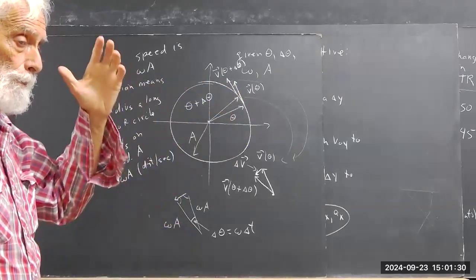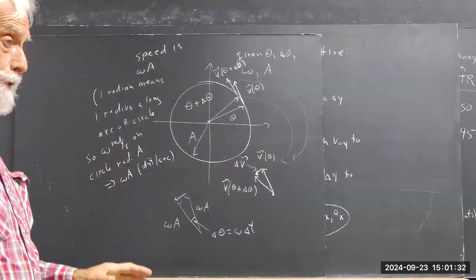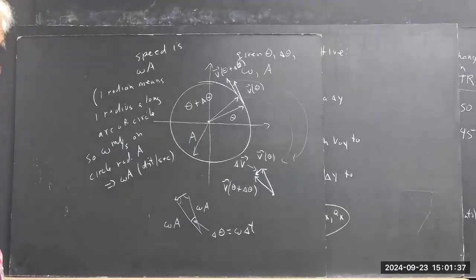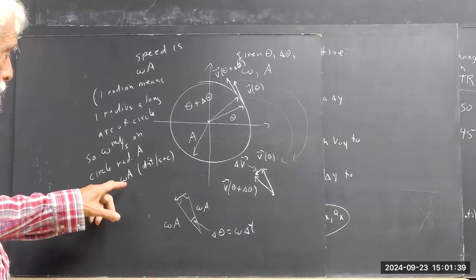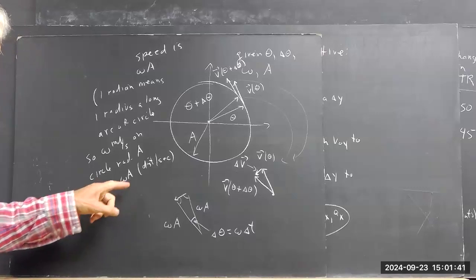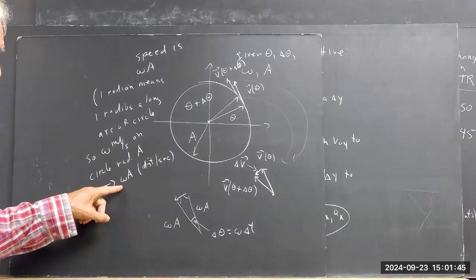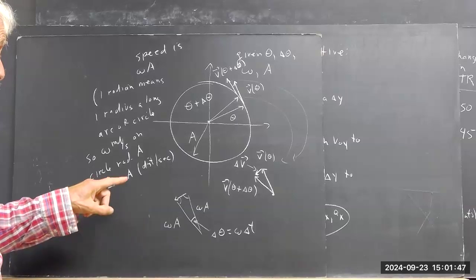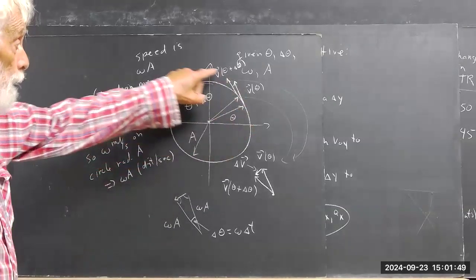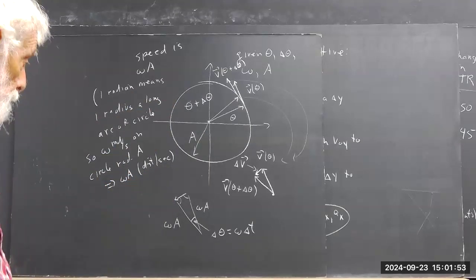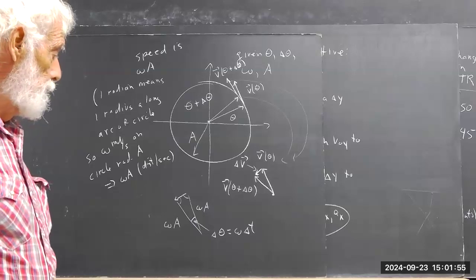And your speed will be 2A per second. Okay, whatever A is. In any case, you just multiply the radius by how many radians per second, that is, by how many radii per second you travel along the arc, and it tells you what distance you travel per second. All right.